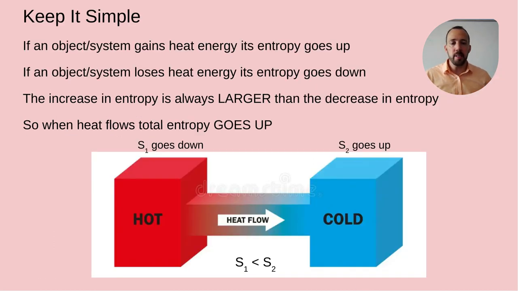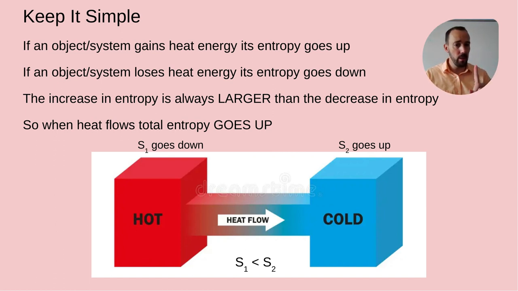So, just keeping it simple, because the AP test does love conceptual questions about entropy: if heat transfers from one thing to another in a real-world, non-reversible process, the entropy is going to go up for the whole system. As the heat from the hot reservoir flows to the cold reservoir, the entropy of the hot system goes down because it's cooling down, and the entropy of the cold system goes up because it's getting warmer.